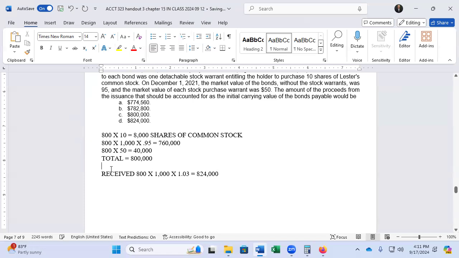And we want to take the amounts: 824,000 times 0.95 equals 782,800.